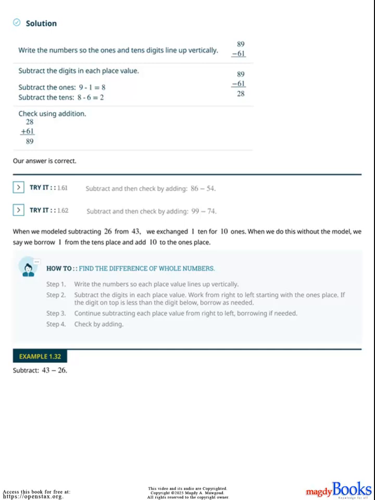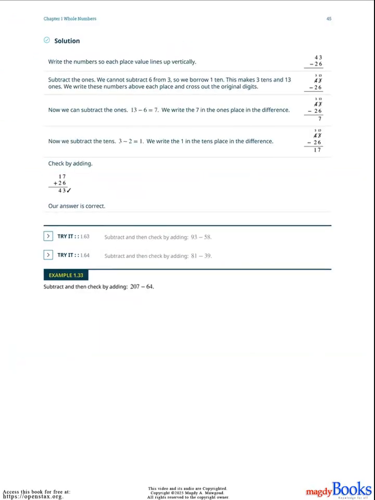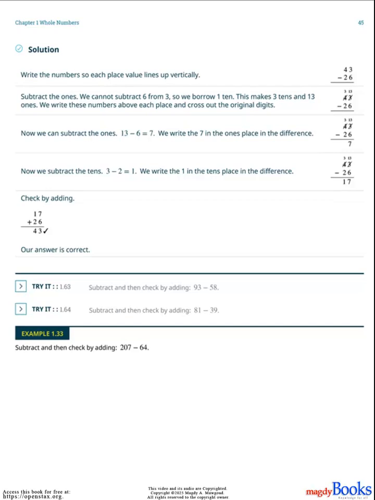Example 1.32. Subtract 43 minus 26. Solution. 1. Write the numbers so each place value lines up vertically. 43 minus 26. 2.1. Subtract the ones.